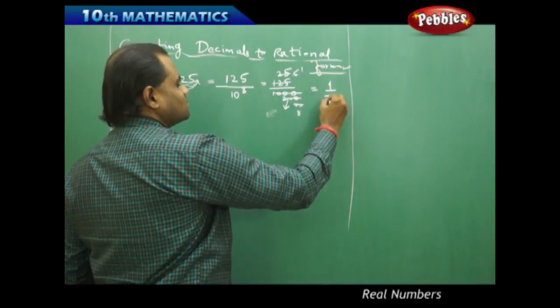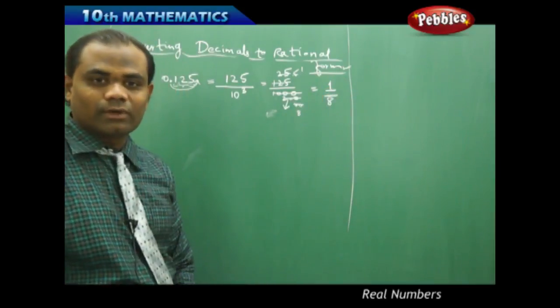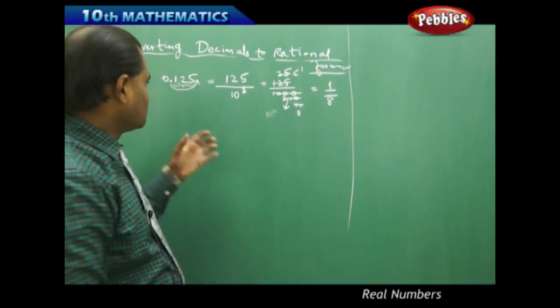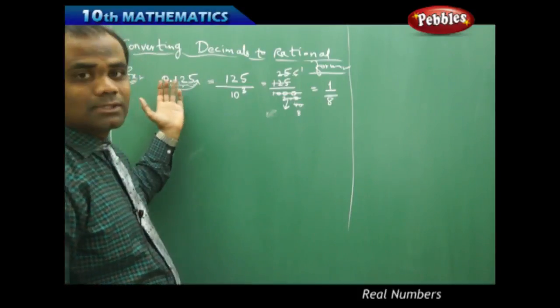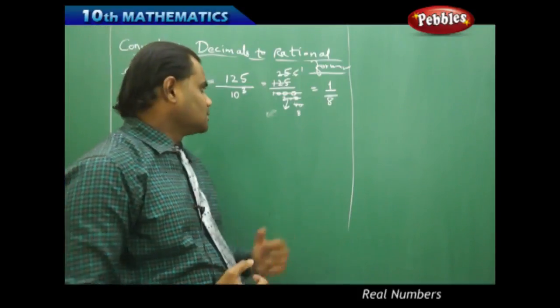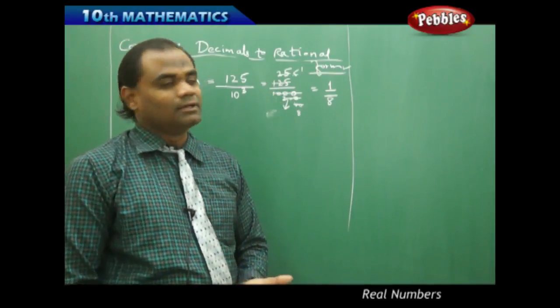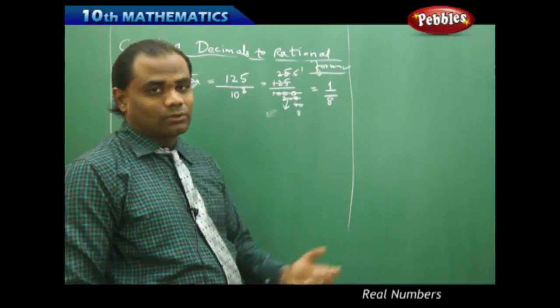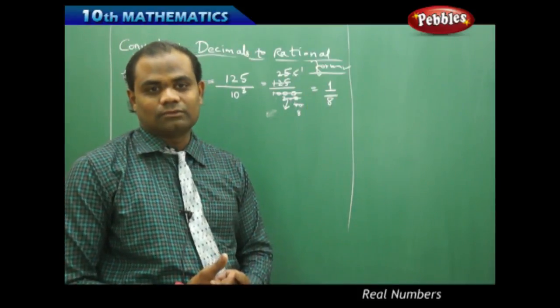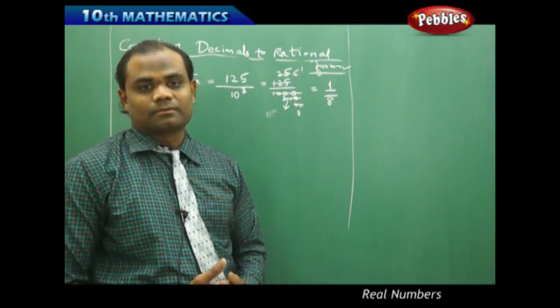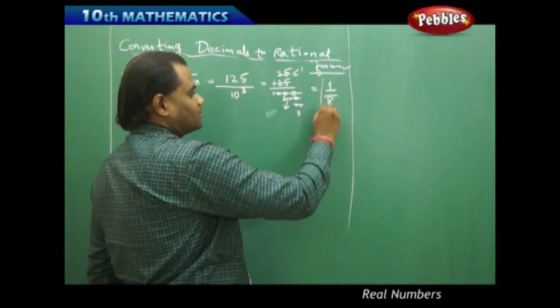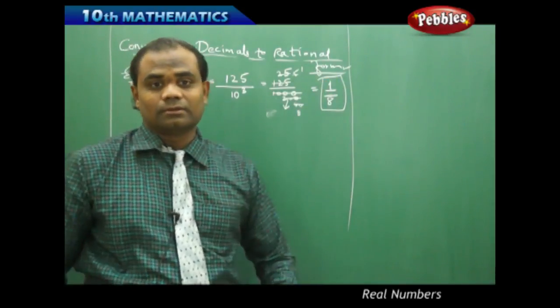Therefore, the most simplified answer for this is 1 over 8. So the rational number corresponding to the decimal 0.125 is either 125 by 1000, or when simplified further, the most simplified answer being 1 over 8. So this is identified to be the rational number.